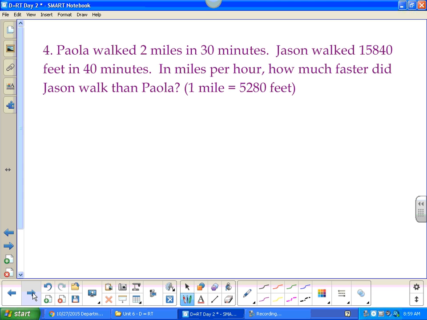Okay, so for this, we're going to crank it up just a little bit. Paola walked 2 miles in 30 minutes. Jason walked 15,840 feet in 40 minutes in miles per hour. How much faster did Jason walk than Paola? Okay.